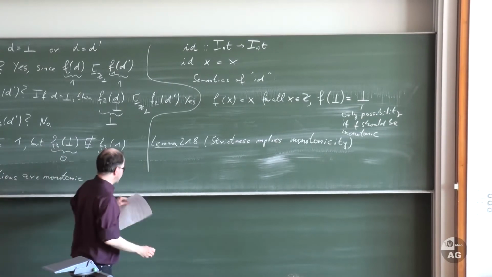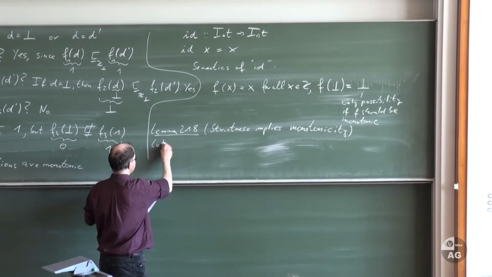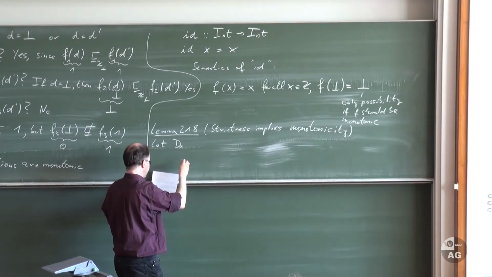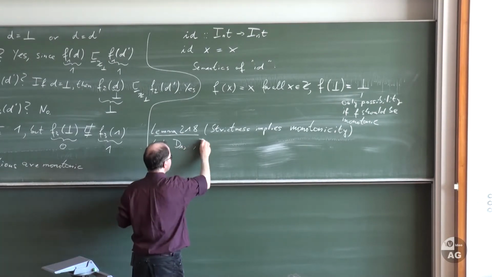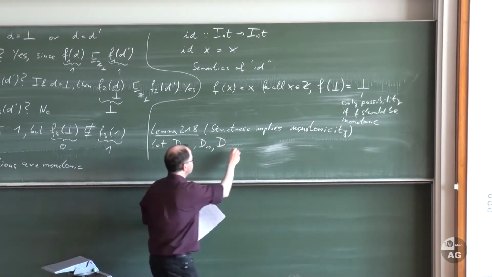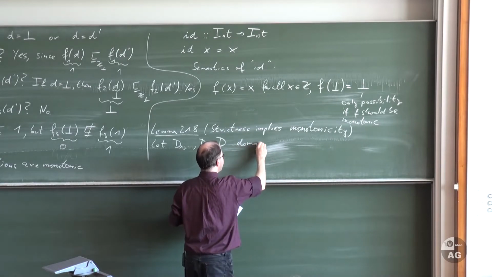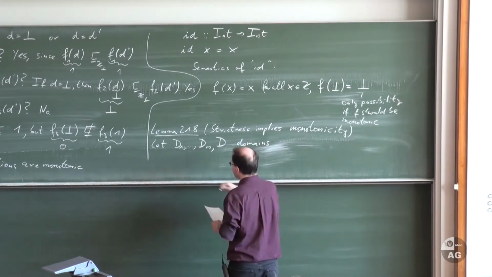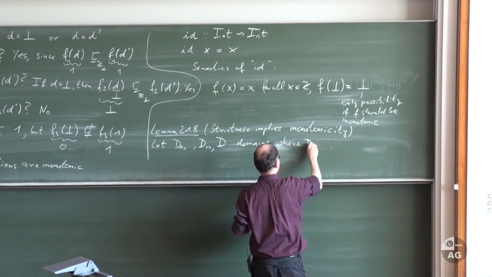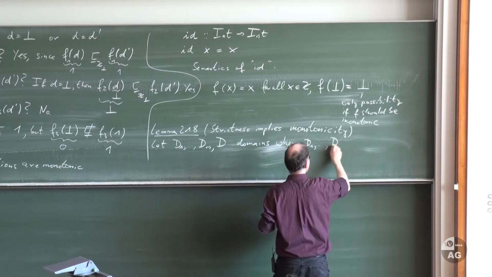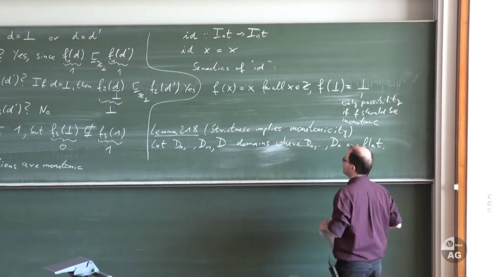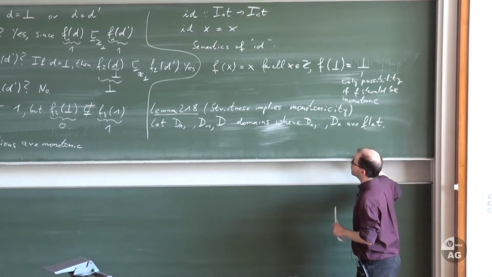So why is this the case? Suppose we have d1 to dn and another domain D. These should be some domains. And the argument domains d1 to dn should be flat, so things are either completely defined or completely undefined there.